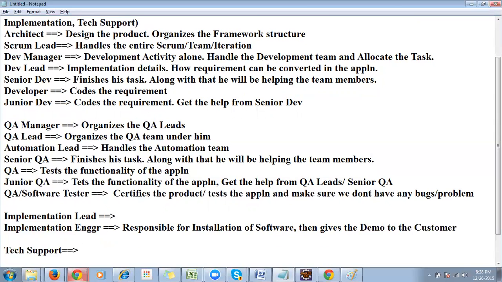Okay, then we have tech support. Whenever any problem happens at the application level, these guys will help us to clear it.